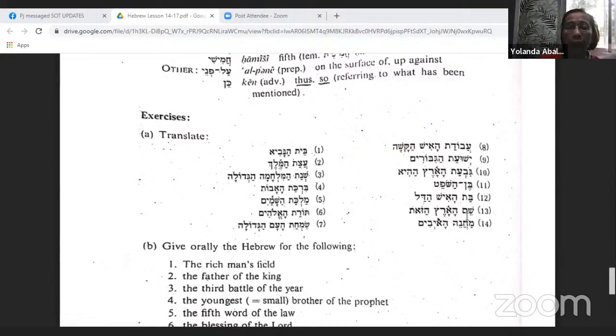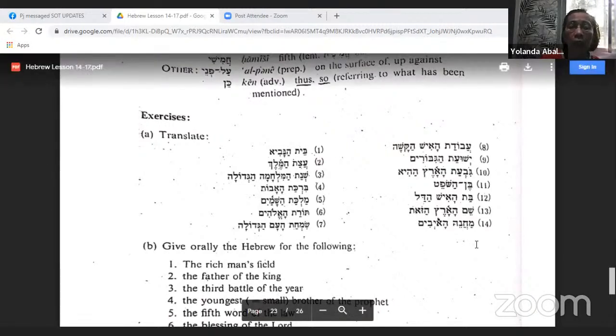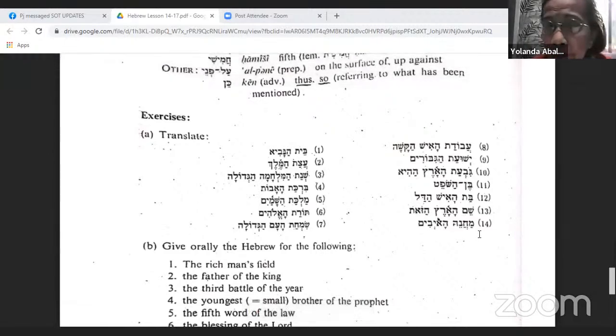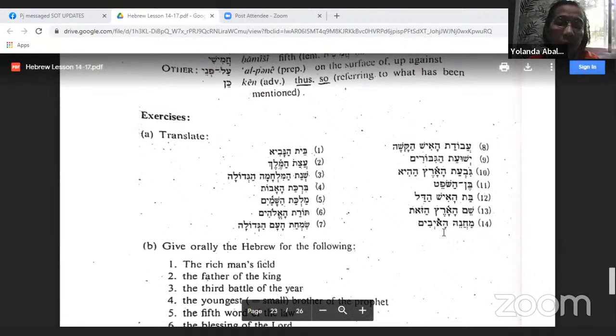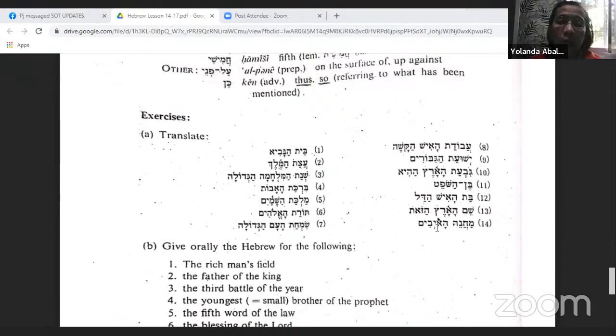Sham, there. Haaretz, the earth, in this earth. Machane, the gathering of Ha'oivim. The battle of Ha'oivim, the enemies. Ha'oivim, the battle of the enemies.